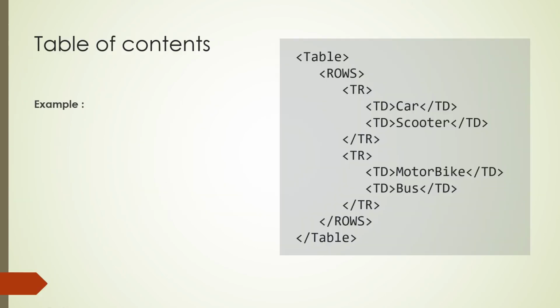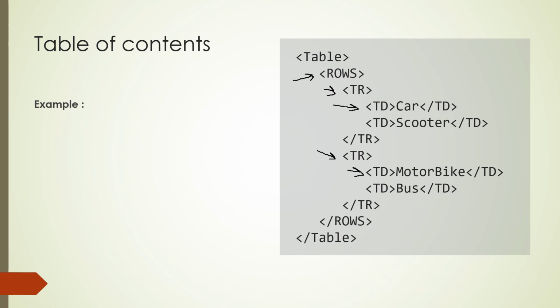Let's take a look at a table example. In this example, we have a table tag, and in the table tag we have rows, one row and a second row. We have two rows in this table, with two columns in the first row and two columns in the second row.